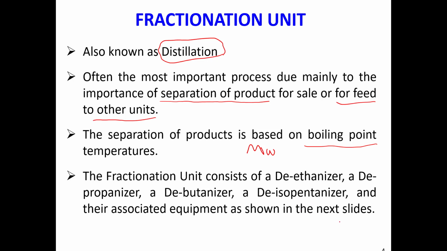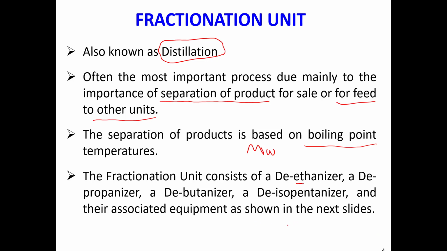We show this equipment in the next slide, but the good thing is that all these units are totally similar to each other. They are the same distillation column. The only thing that changes is the operating condition. Let's say the De-ethanizer distillation column works at a certain pressure, and the other one has a different pressure.